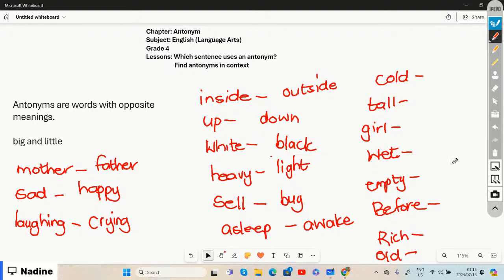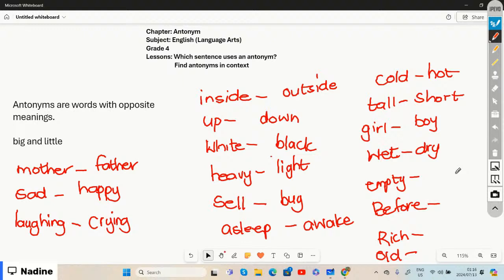Yeah, so it's either you're cold or you're hot or warm, depending. You're either tall or short. Well done. It's either a girl or it is the boy. Well done. You are either soaking wet or you are extremely dry.